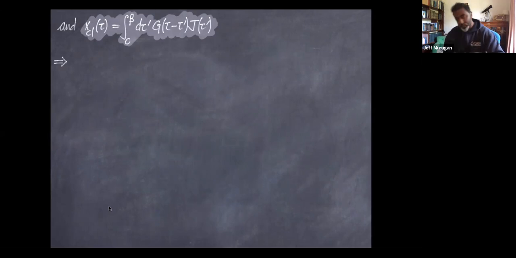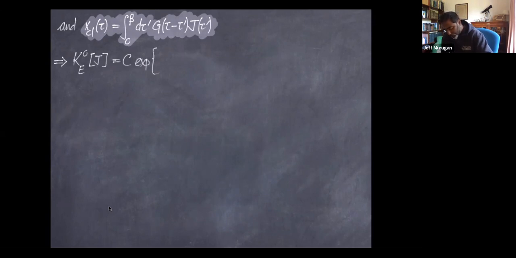And we'll find that k naught Euclidean of j is c, our constant, which is really a path integral in y, times the exponential of a half integral with respect to tau and tau prime of j of tau.